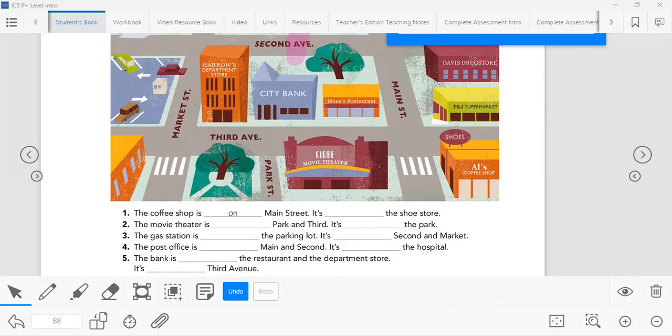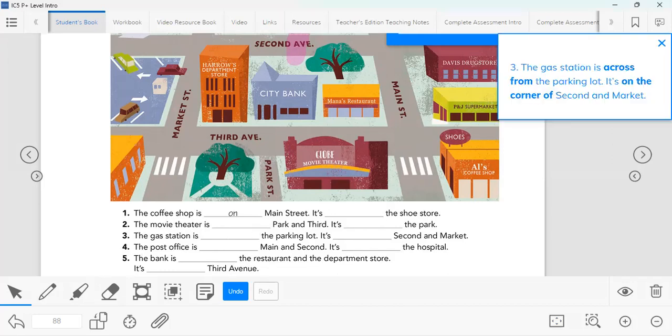It is across from the parking lot. Okay, the movie theater is. The movie theater. Number 6. Okay, the gas station is, you said? Across from the parking lot.